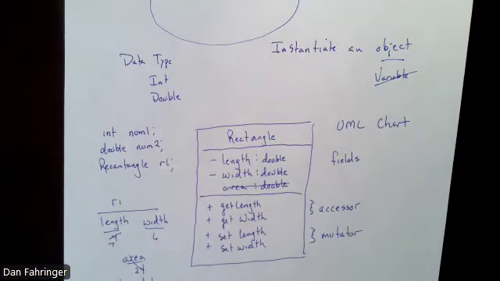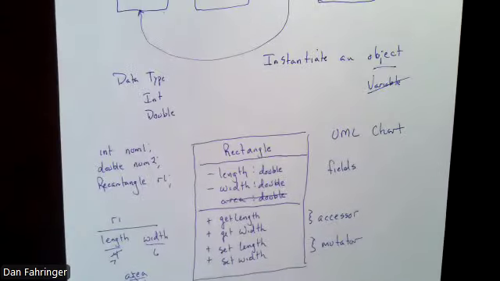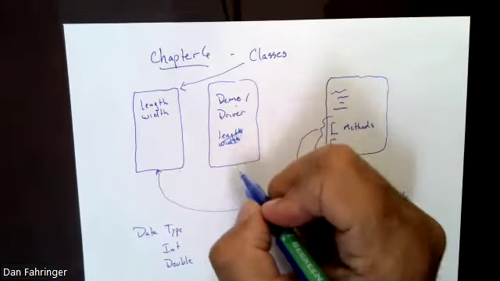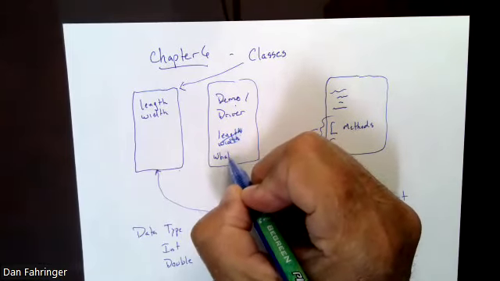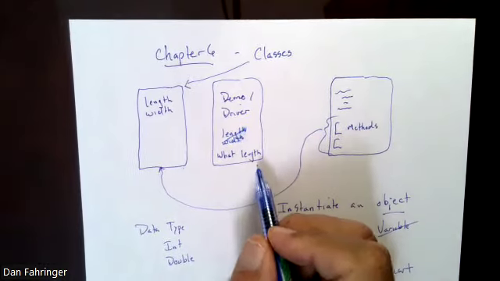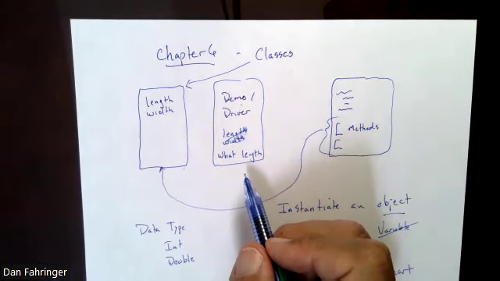Can I ask a quick question? Yeah. So we have the get length and the get width. Why do we also need to set up the length and the width? For here, the program is going to say, what length would you like to use? I think it's because we need to change the data without directly accessing it from the object.